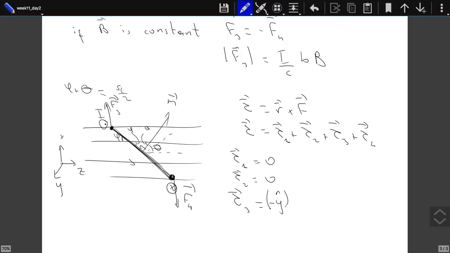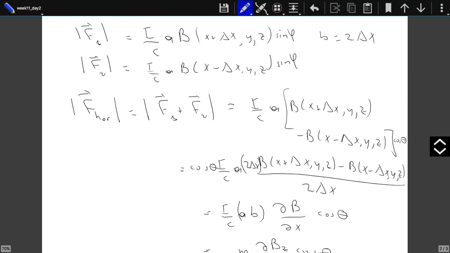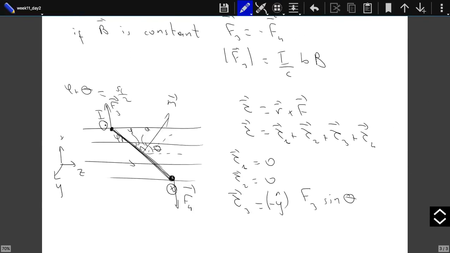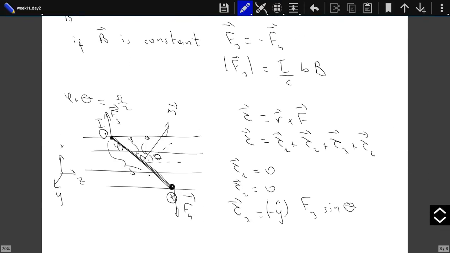Now, what is the magnitude? F3 times sine of something, times R. What is R? Well, that side has a length b. This side has a length b. Now, sine theta or sine phi? Which sine function?